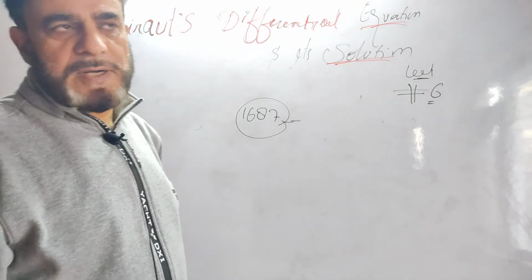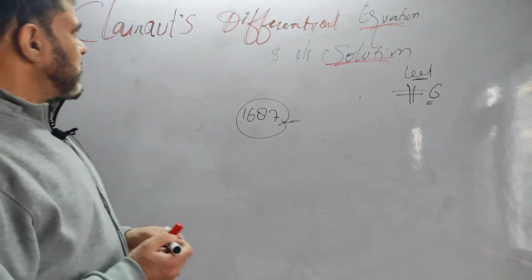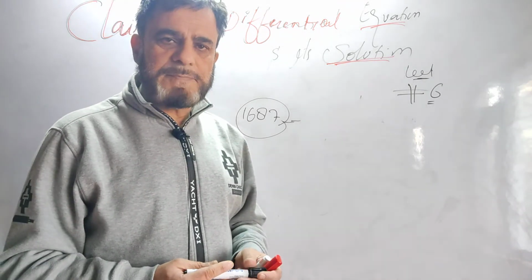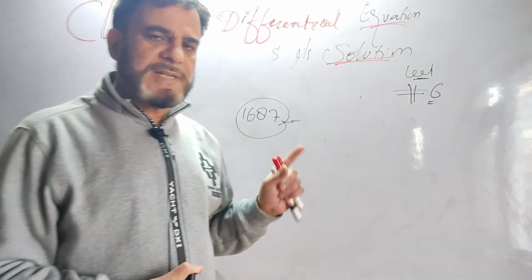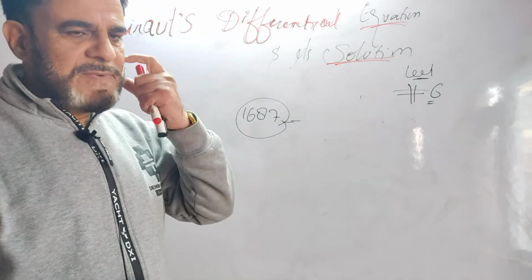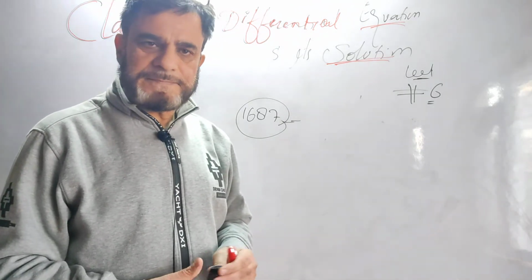He outlined some laws, and Clairaut worked very hard, and his work proved the validity of the results of Newton. That is why Clairaut is sometimes known as prominent Newtonian.